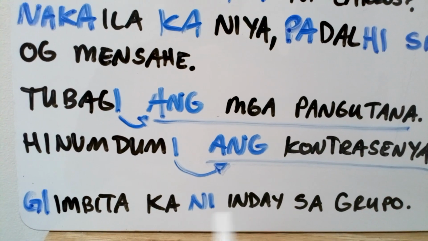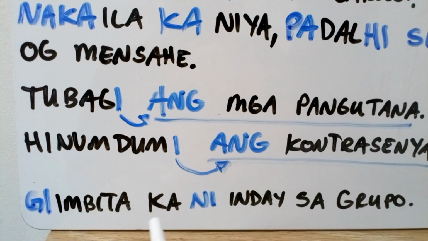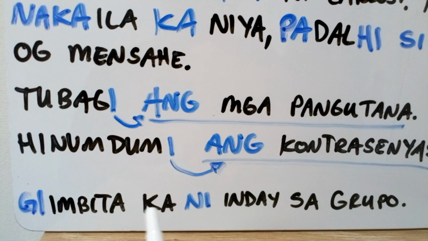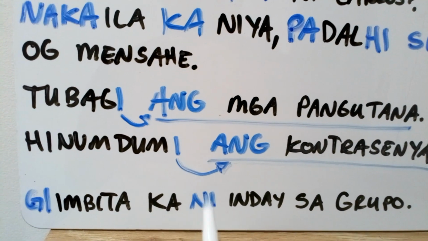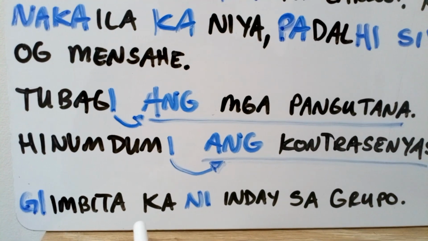They're out of focus. Whereas this word here, ka, because it's right after the verb, changes from ikaw to ka, and we know that ka is a short form of ikaw, and that ikaw is written in the absolutive case. Therefore, ka, ikaw, you are the focus.